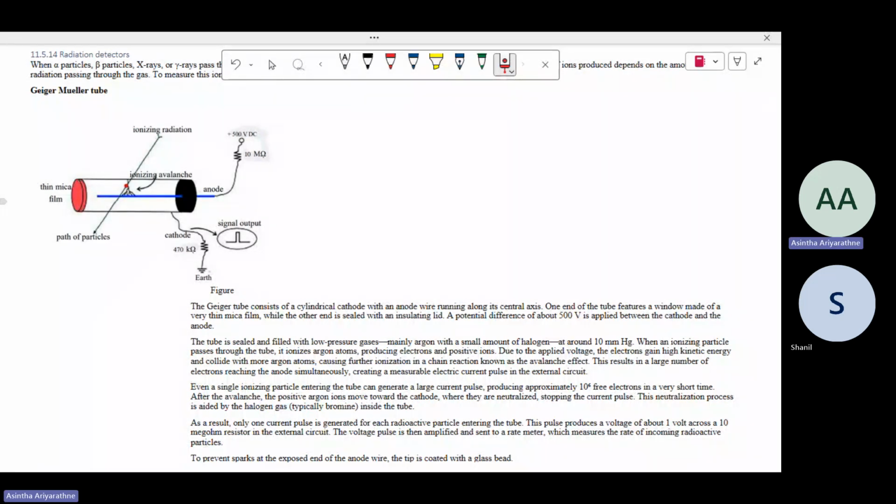When we place this tube closer to that region, if a radioactive element like an alpha, beta, or gamma ray passes through the tube, ionization happens. These radioactive elements carry energy, so they can ionize other gas particles.